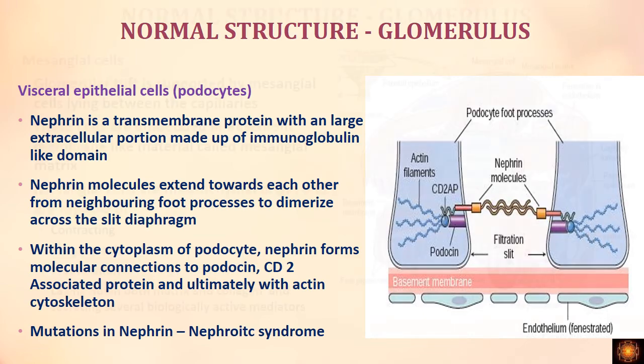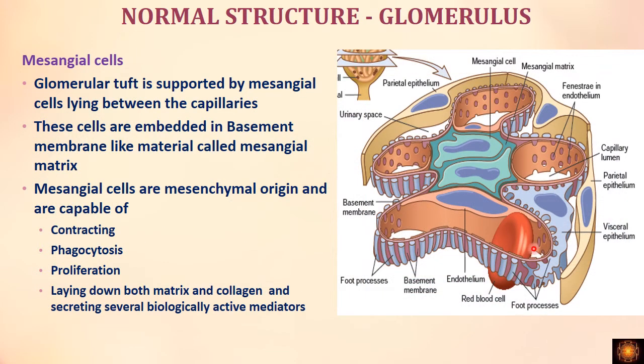That's about the podocyte. Now we see the mesangial cells. As I told you, in the center of the capillary tufts we have the mesangium. This is the one which supports these capillary tufts of the glomerulus. The mesangium consists of mesangial cells. These mesangial cells are embedded in the basement membrane like material, which is called the mesangial matrix.